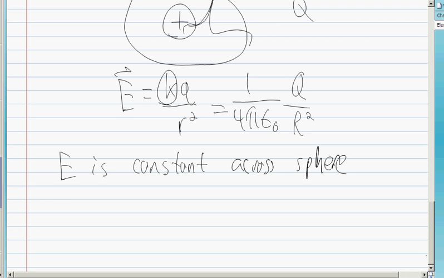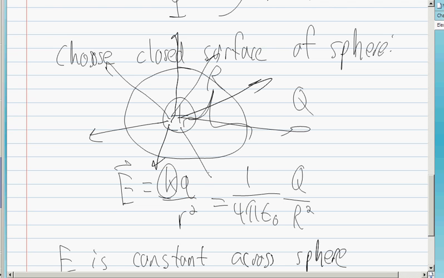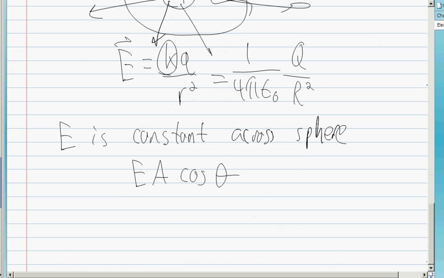So we can at least do EA cosine theta. Well, it's even cooler because every point is exactly perpendicular to the surface, assuming it's a sphere that goes around it. Because that's the case, we can get rid of the cosine, so this is just going to be E times A.